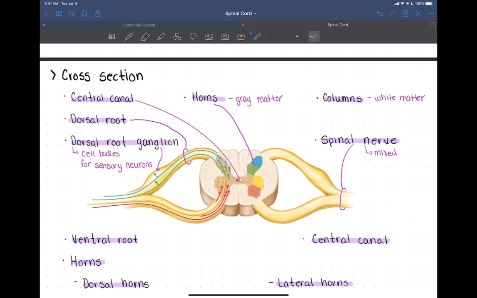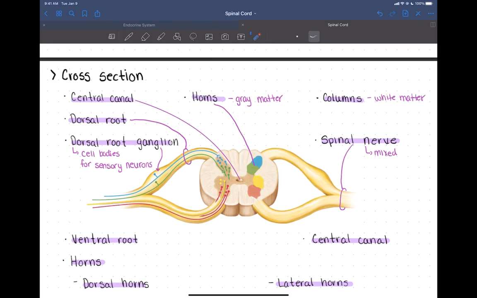To follow that pathway, sensory information moves afferent through the spinal nerve. There's a cell body for that neuron in the dorsal root ganglion, and then it sends an axon that travels through the dorsal root to reach the spinal cord, where it's going to synapse with another neuron in one of the horns on the dorsal part of the spinal cord.